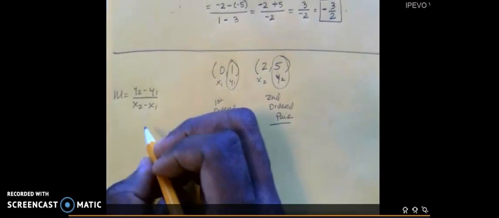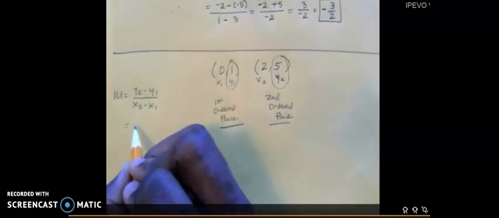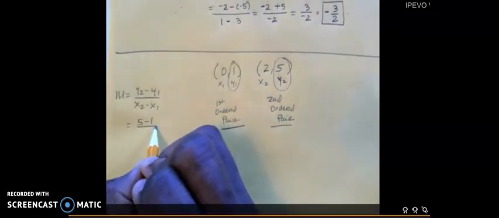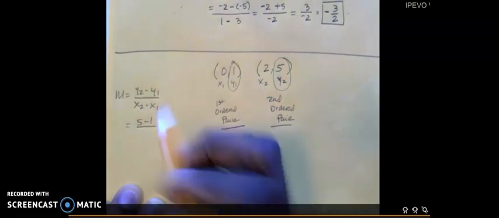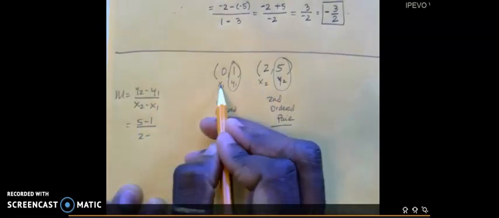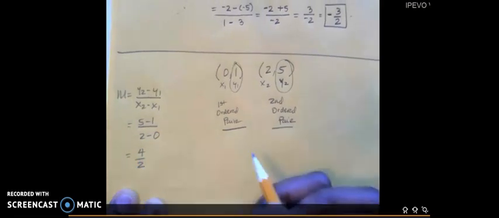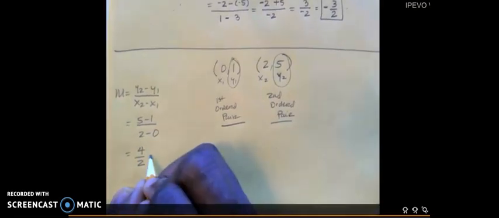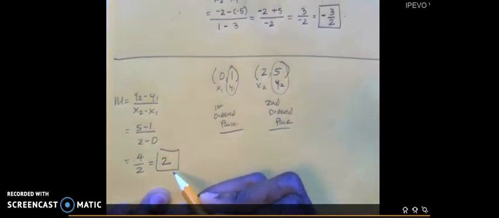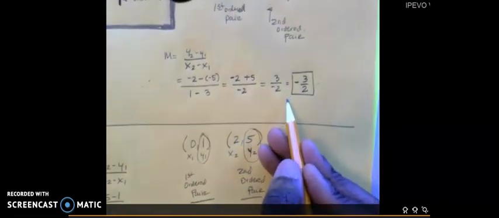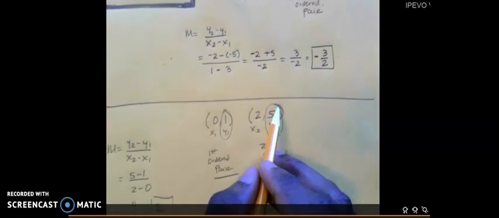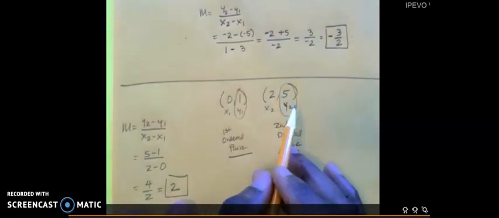So I have 5 minus 1, x2 is 2, x1 is 0. This becomes 4 over 2, which will then simplify to 2. So I have a positive slope for this one, which I was expecting based on the shape of that line, and as before, I had a negative slope based on the shape of that line. I was expecting that. Okay.